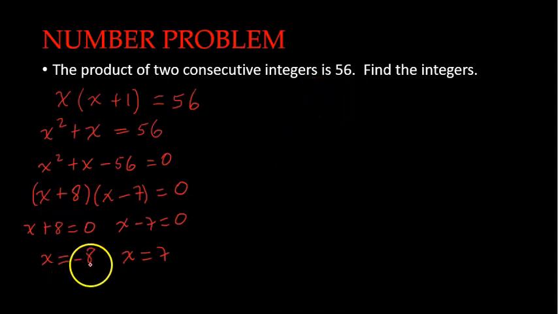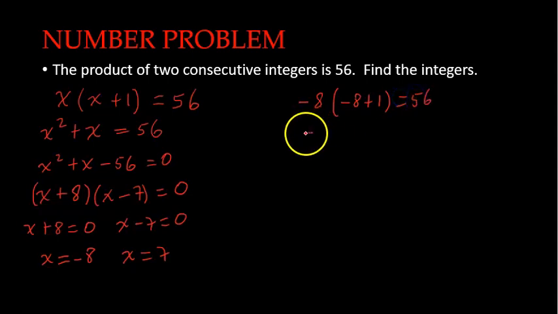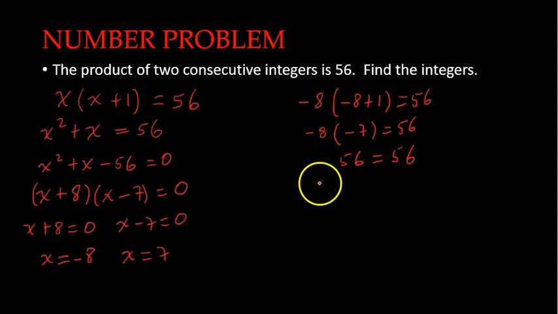Substitute negative 8 for x. So negative 8 times negative 8 plus 1 equals 56. Negative 8 times negative 7 is 56, that is equal to 56.